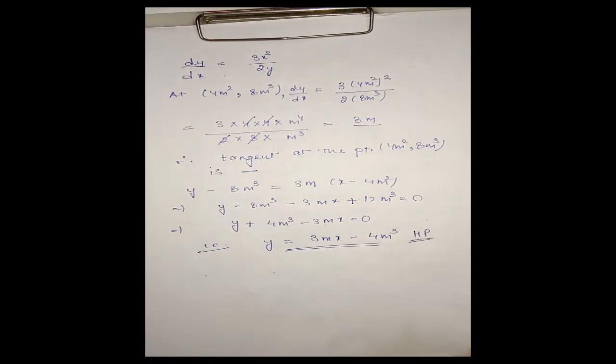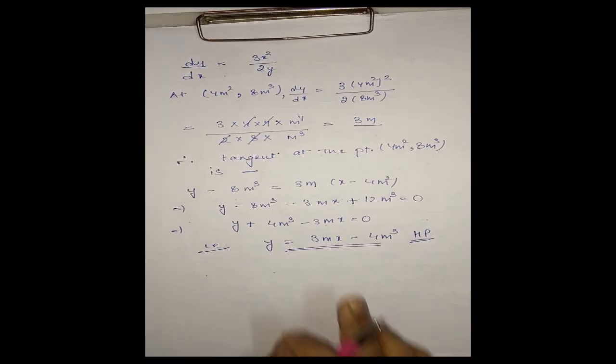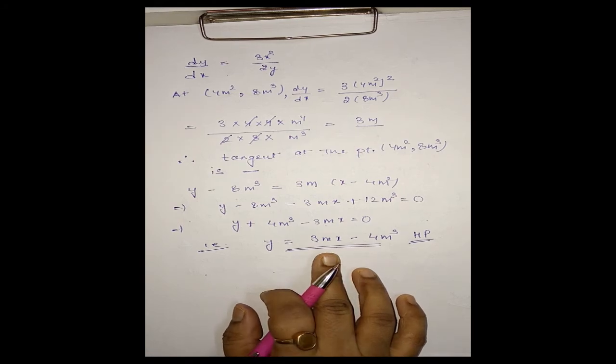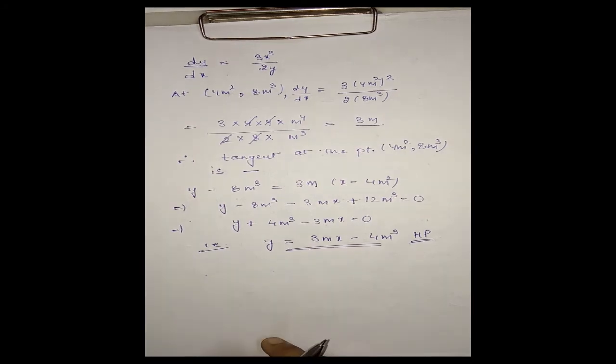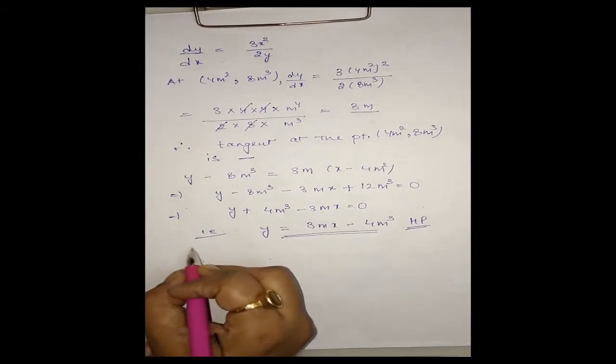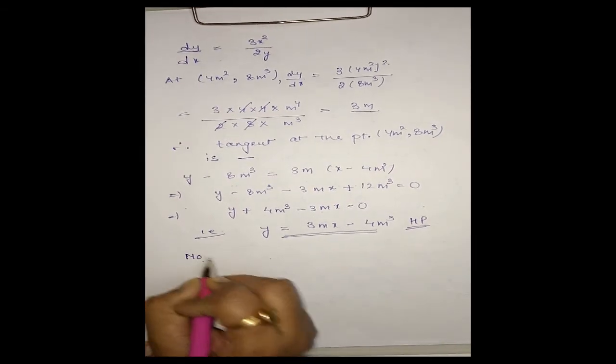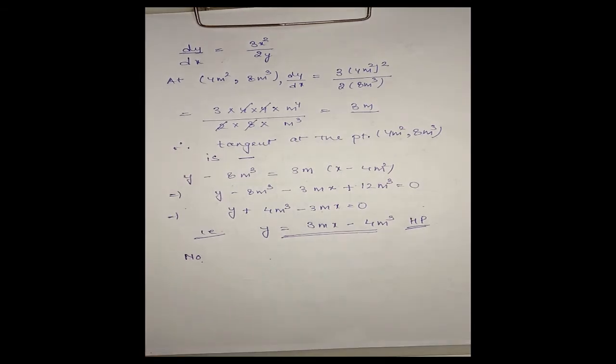Now we have to show this line is normal to the semi-cubical parabola at the point (m², −m³). That is the next part of the question. Let us find the normal to the curve at this point.